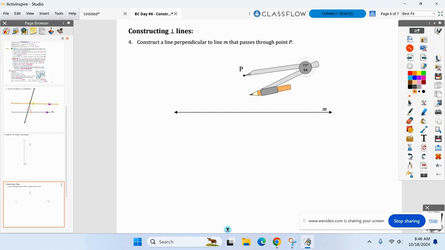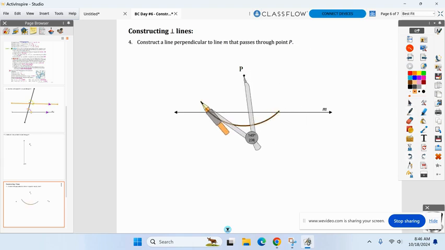Open up your compass. So you intersect in two spots. 1, 2. When you get to that point, mark those two points of intersection for me.